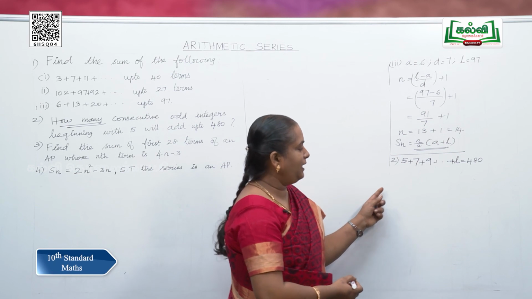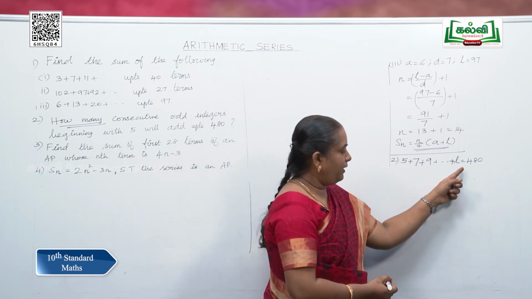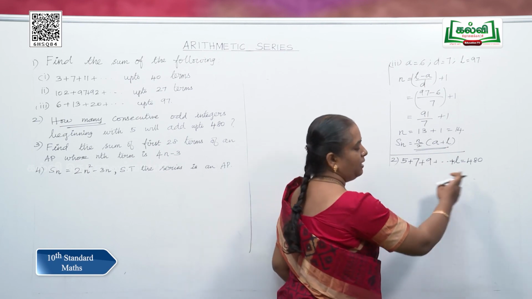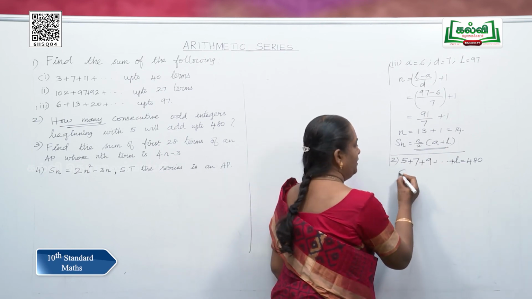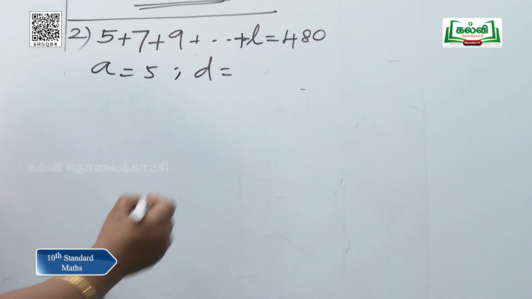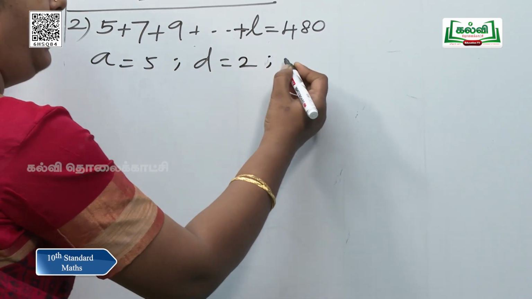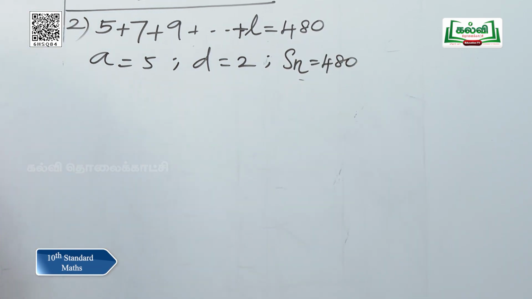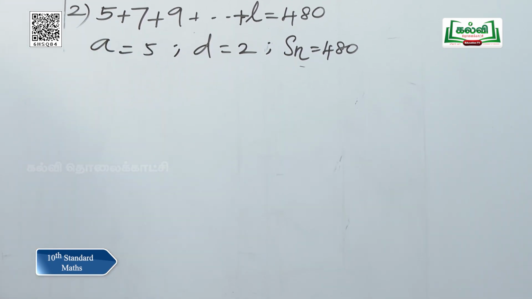We are going to find the number of terms we get if we get the sum 480. See, these are odd terms. Starting with A is 5 and D is T2 minus T1, which is 2, and we have Sn as 480. So we have to find N. How will you find N? Using this formula of Sn.